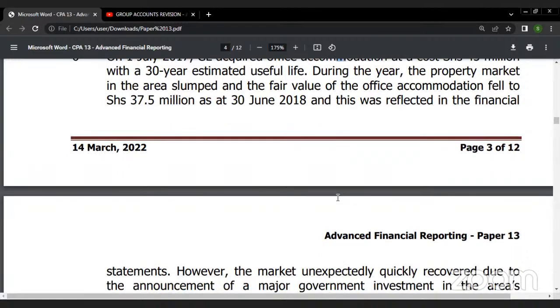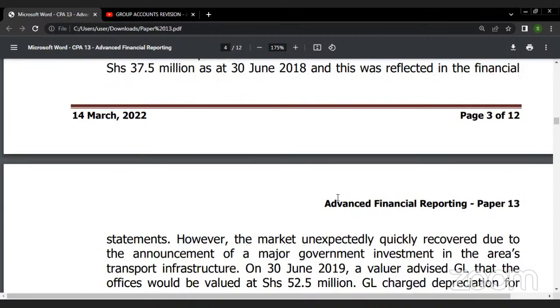However, the market unexpectedly quickly recovered due to the announcement of a major government investment in the area's transport infrastructure.